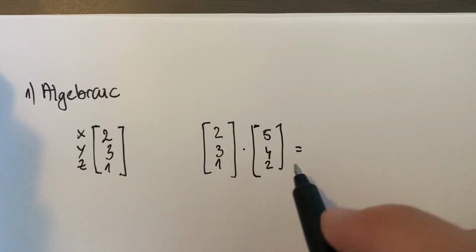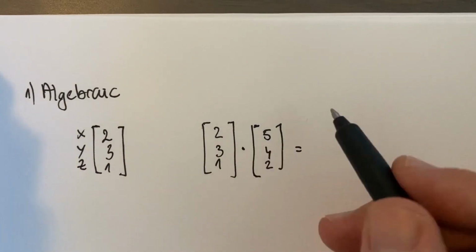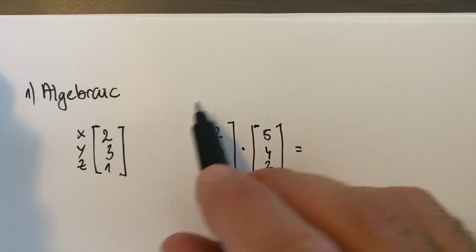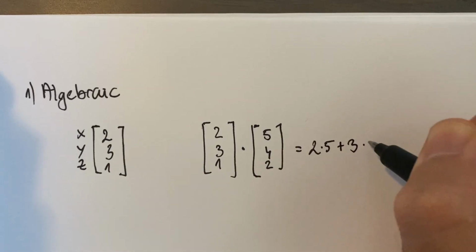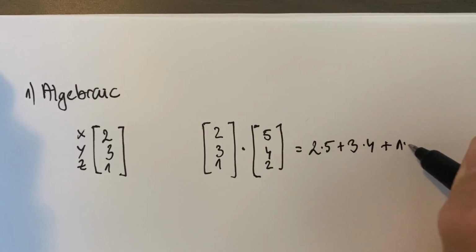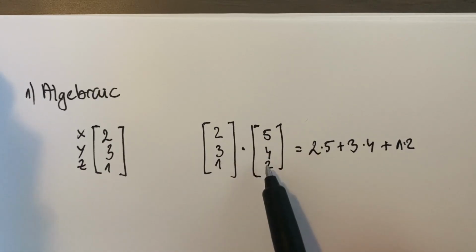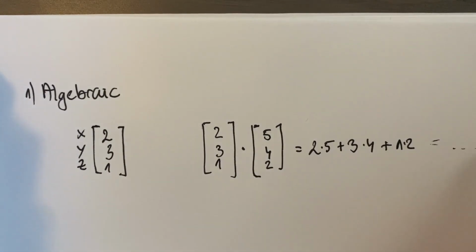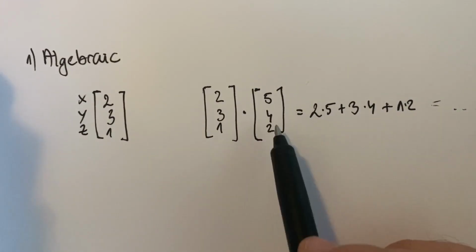So what is, algebra-wise, the solution to this? It looks like multiplication, basically. It's 2 times 5 plus 3 times 4 plus 1 times 2. So it's this times this plus this times this plus this times this. And you get a number here. And that's going to be the dot product of these two vectors.